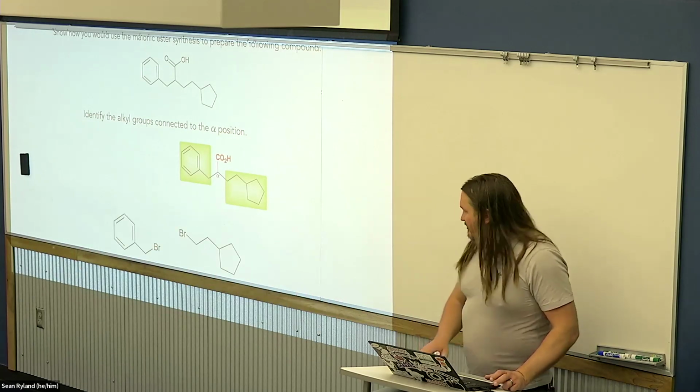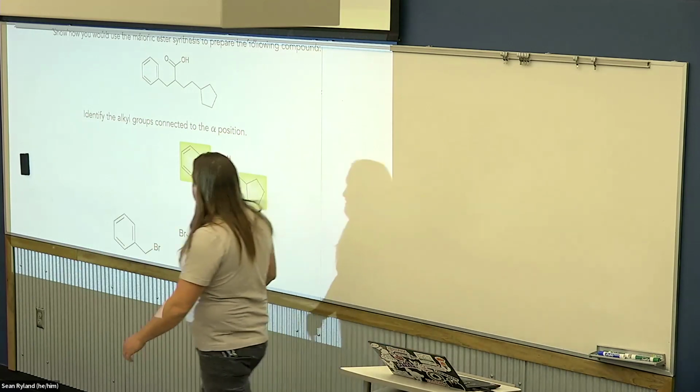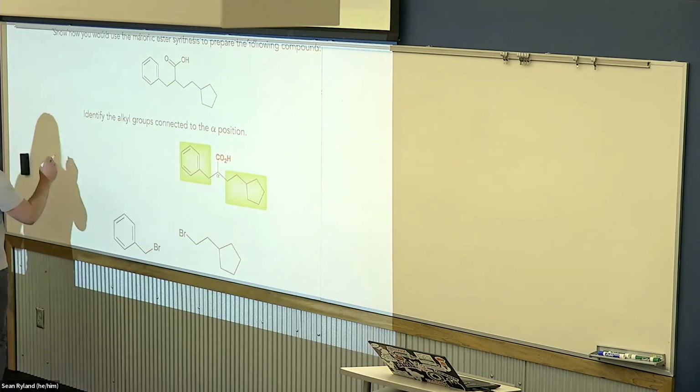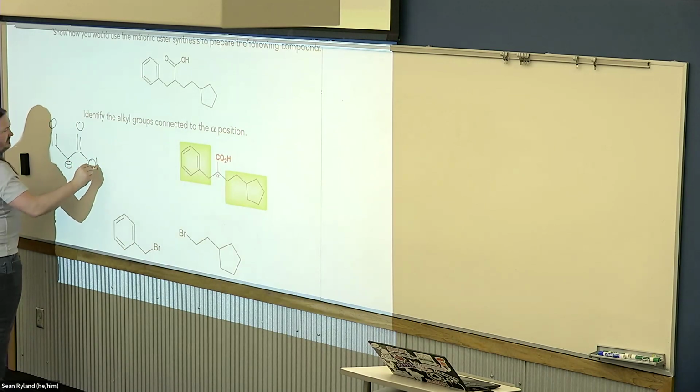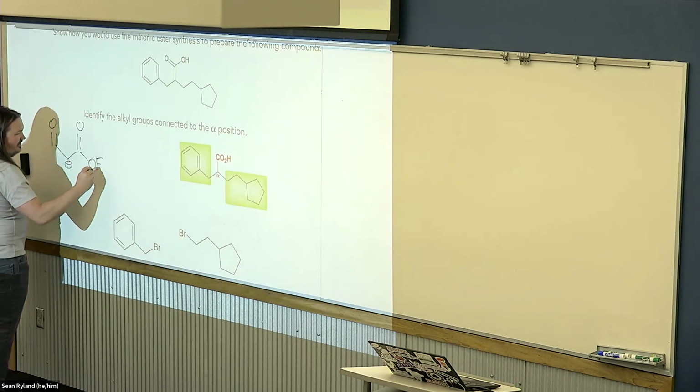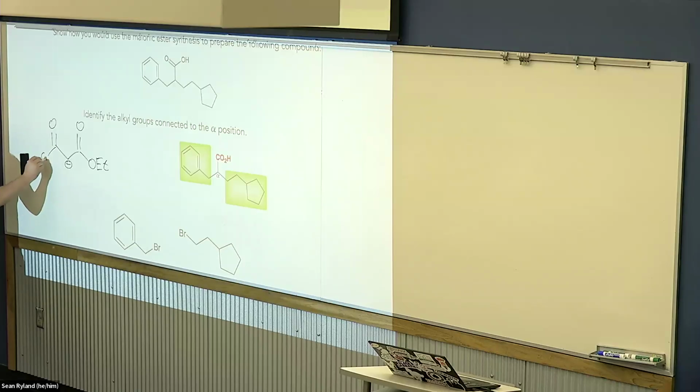So, for instance, we started with these two molecules. We started with malonic ester. The ester works better than the acid because then you don't wind up with other nucleophiles getting in the way.